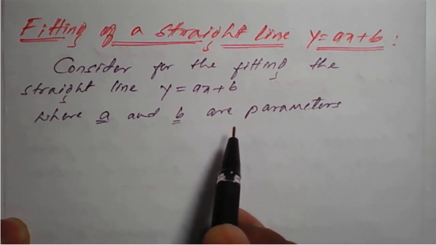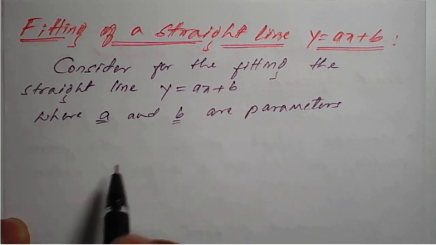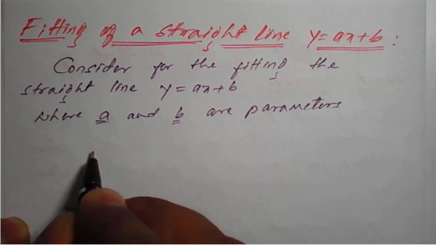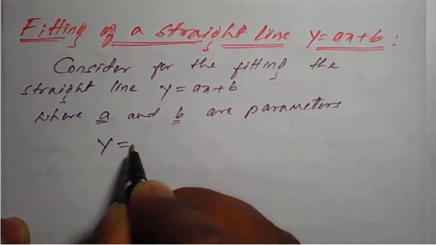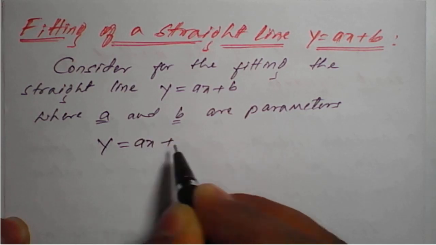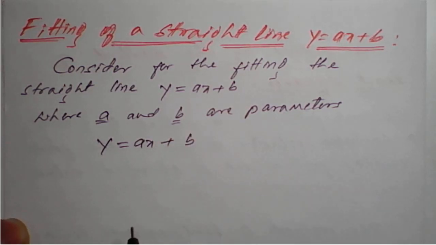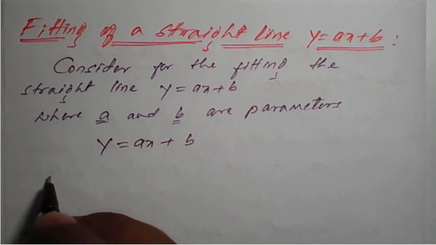Okay, so here we are going to apply one of the important equations. Once again we'll take y is equal to ax plus b. So this is a straight line. For this we have to prepare a normal equation.